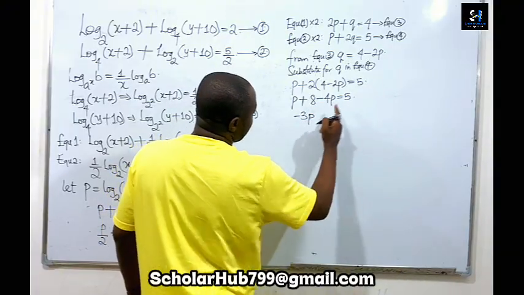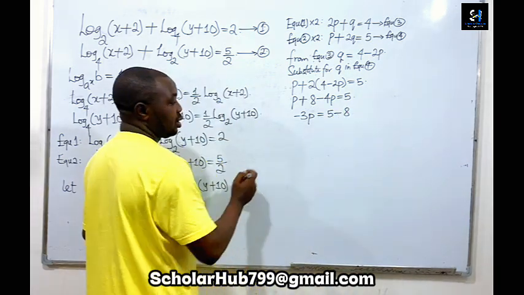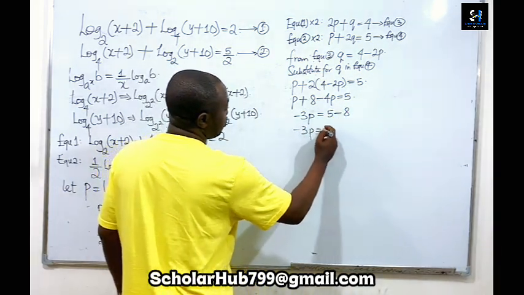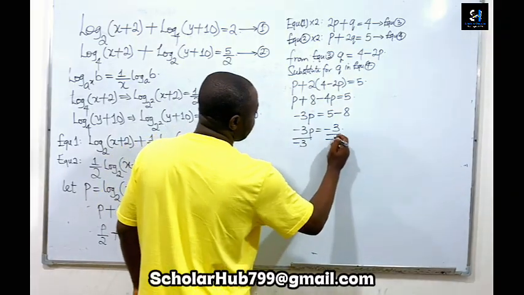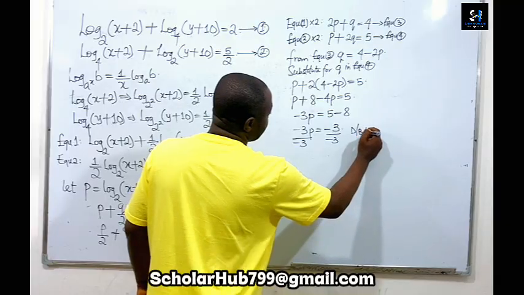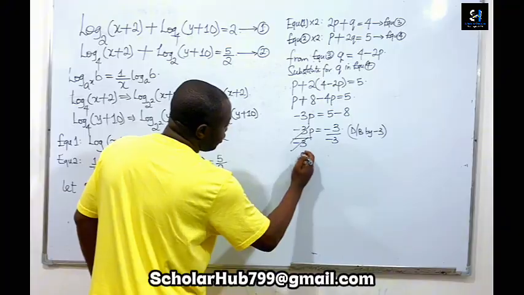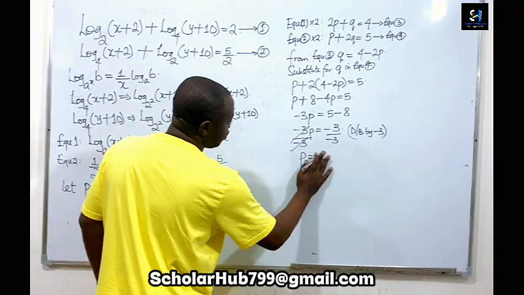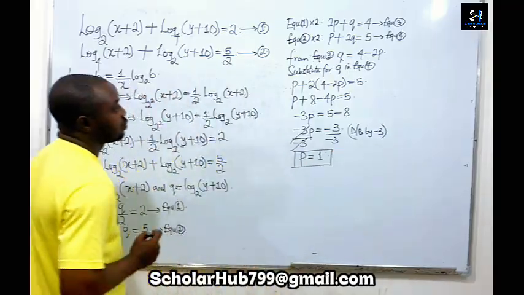Then I'll carry the 8 over to the other side, so this will be 5 minus 8. And then minus 3p equals minus 3. Now dividing both sides by minus 3, the value of p will be equal to 1.